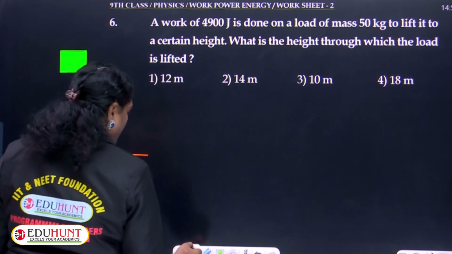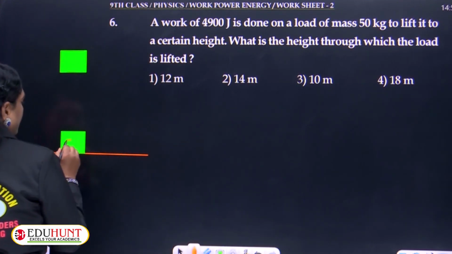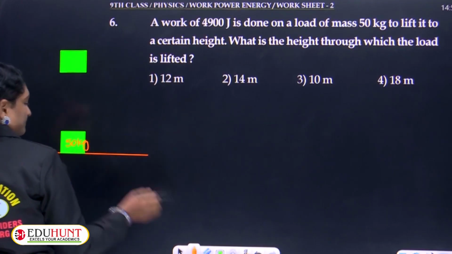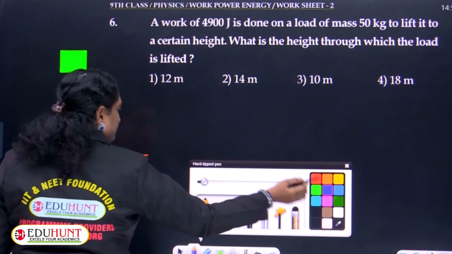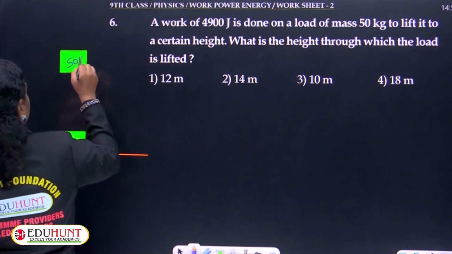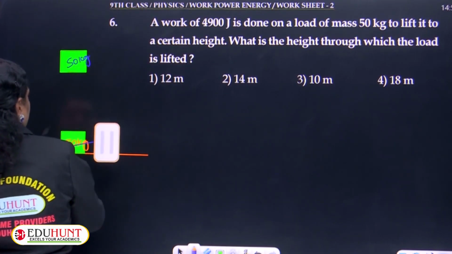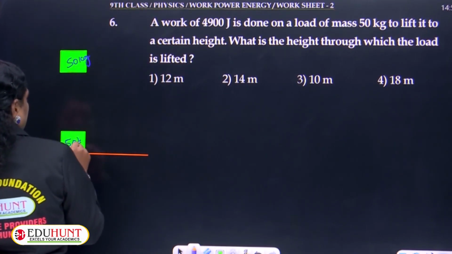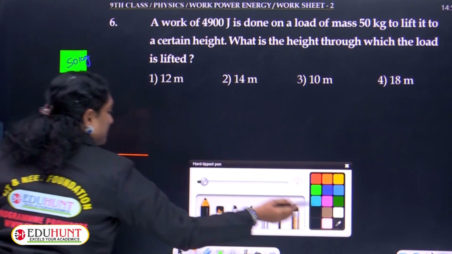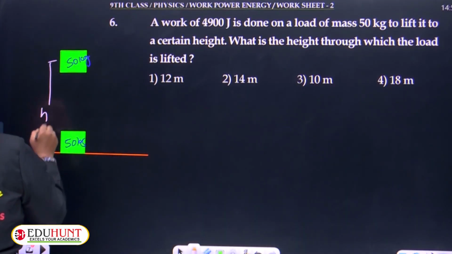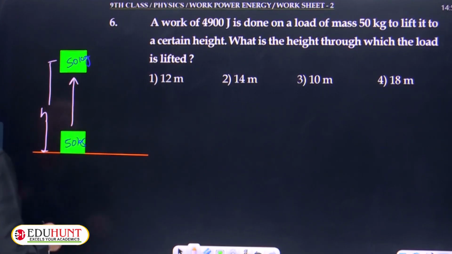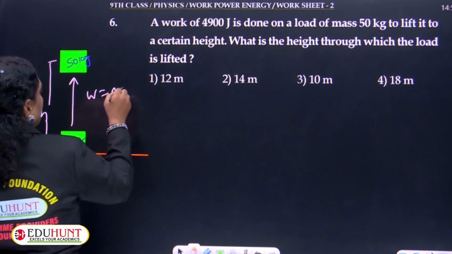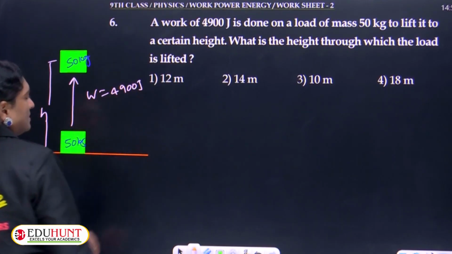So, the mass of the object is given as 50 kg. And it was lifted to a certain height whose height is unknown. And the amount of work done in this case is given as 4,900 joules of work.